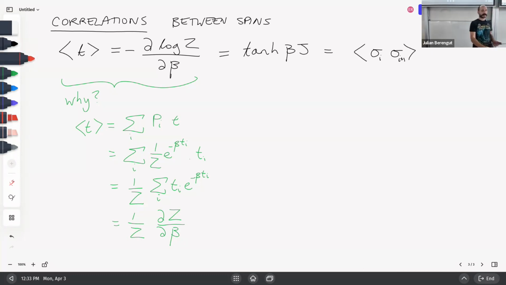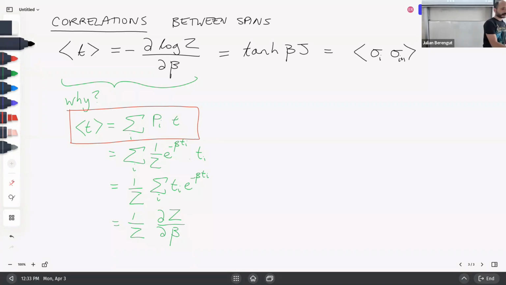The average value of T is going to be definitionally the probability of being in a state times the value itself, right? This is definitionally true. That's the definition of the average. Probability times the value. So if I've missed out a factor of J or something, it doesn't matter.